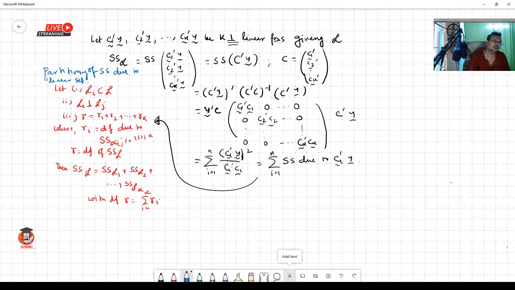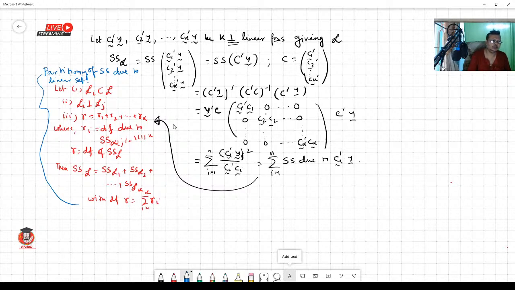So this is nothing but Cochran's theorem. Actually in ANOVA we partition the different sources of variation. Our job is to split the total variation into some sources of variation.